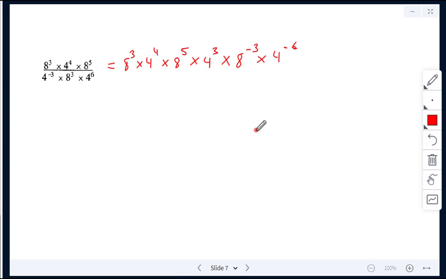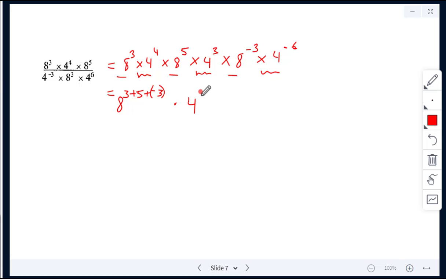All right, now we can collect everything together. So the base that has 8, 8, 8. So that gives us 8 to the power of 3 plus 5 plus negative 3, because now everything's being multiplied. So 3 plus 5 plus negative 3. I'm just going to write it like this. And then multiplied by 4 to the power of 4, 4 to the power of 3, and 4 to the power of negative 6.